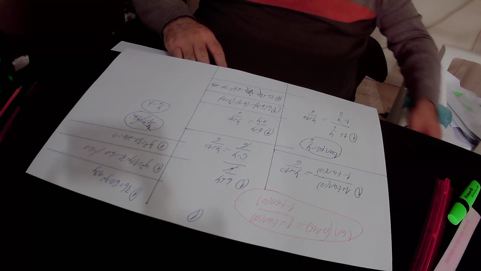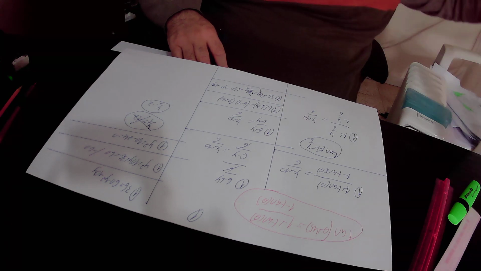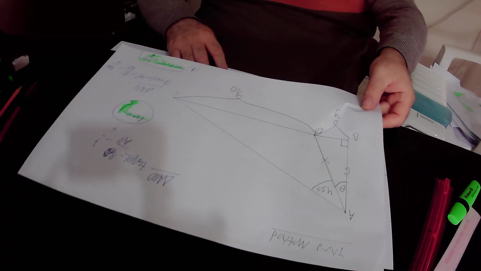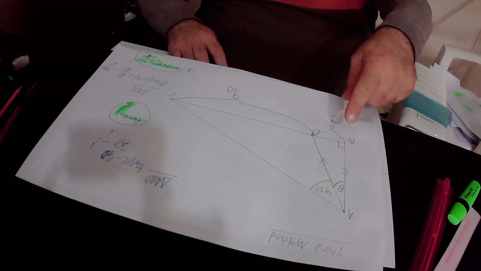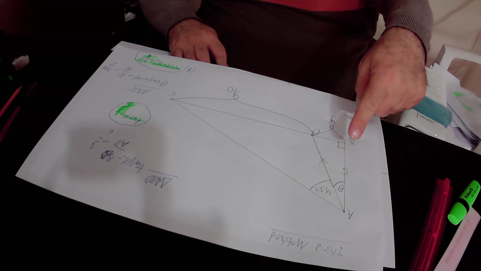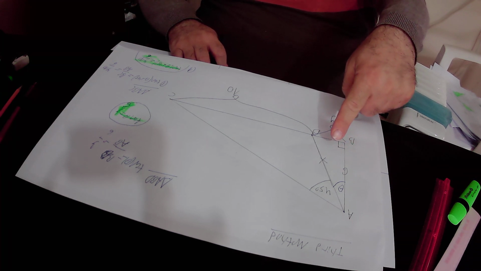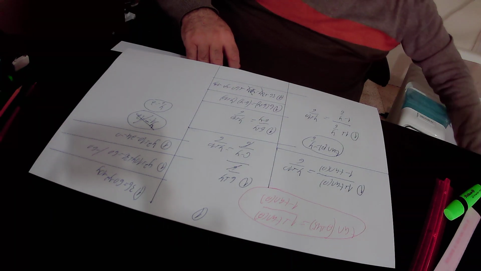So I will copy the right triangle ABD in the new page, and we will implement the Pythagoras theorem on the right triangle ABD in order to find out the value of x, that is the hypotenuse of the right triangle ABD.